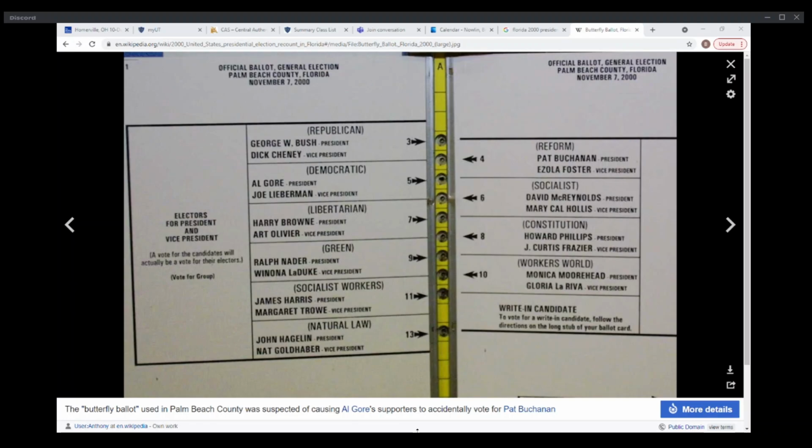Does anyone actually remember this election? One of my colleagues at work was from Florida. He lived there for like 10 or 15 years, so he had a lot of contacts, and he was up here working during the 2000 election, but he had a lot of friends down there.